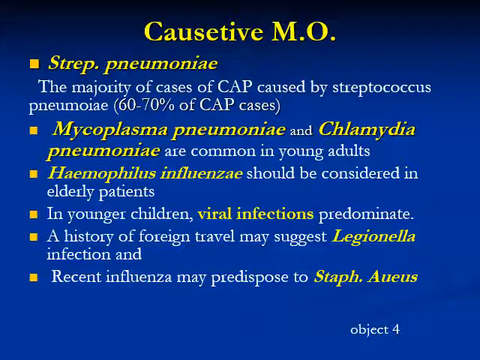Legionella pneumophila is also an atypical microorganism causing atypical pneumonia. In a patient who has a flu-like illness or influenza, the secondary bacterial infection is usually caused by Staph aureus. So post-influenza pneumonia is usually caused by Staph aureus.